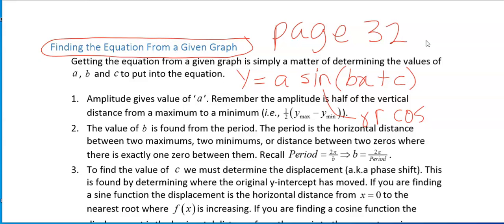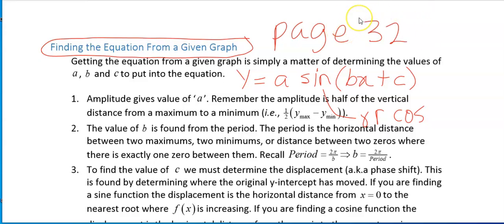Then you have to look at the graph, and you have to pick 2 points that are on 2 curves, one right next to the other. You try to find one period. How far is it from one point to a corresponding point on the next piece of the curve that represents one period?